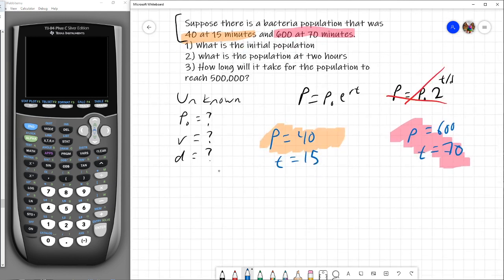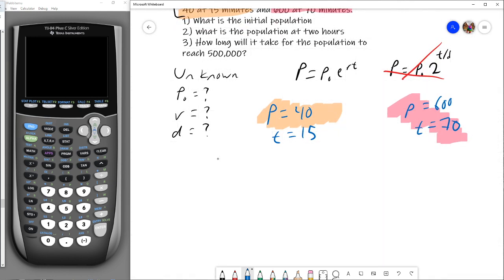So we can generate two equations. We have 40 is equal to P naught e to the r times 15, and we have 600 is equal to P naught e to the r times 70. We have these two equations that we can formulate based on the fact that we know what t and P are, but we don't know r or P naught.